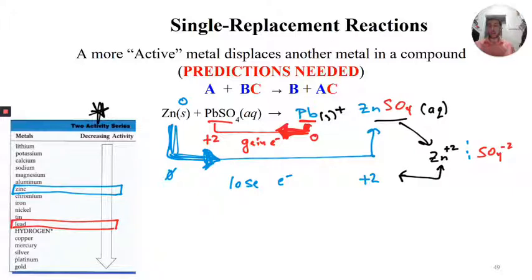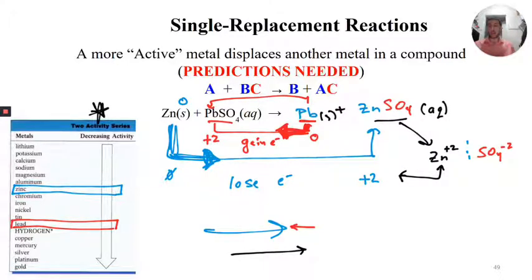Which one wants to get rid of those electrons? Because if we look, lead to go from the right-hand side to the left-hand side has to still lose electrons also. So if these goats slam at each other, zinc wants to lose electrons more than the lead, which means if we're looking at how these arrows drive into each other, the overall result is that we move towards products.